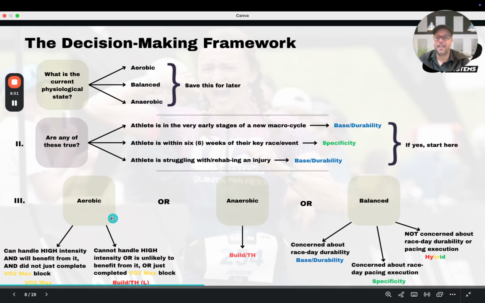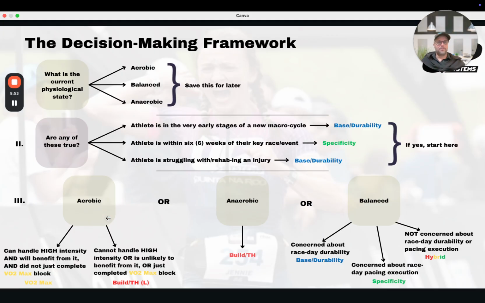That's an easy one. If the athlete is in an aerobic state, meaning their critical power, critical speed occurs at a very high percentage of power or speed at VO2 max, then we have two decision points. One, can they handle high intensity? What that means is structurally, will doing good old fashioned speed work put them at risk of injury, because the risk profile goes up with such high intensity.